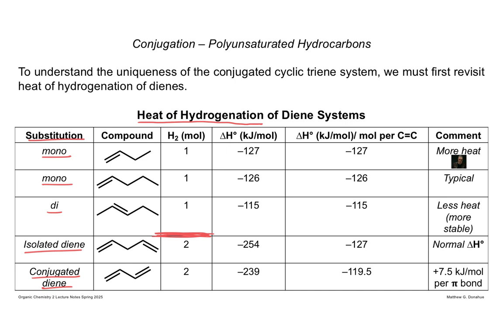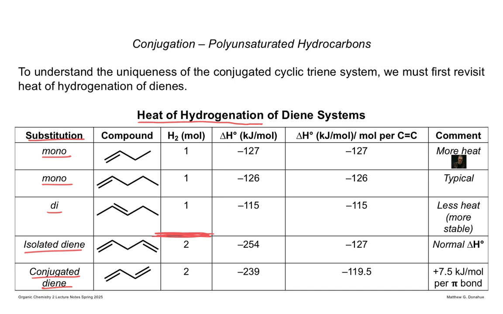So row 1, your average monosubstituted alkene will give off negative 127 kilojoules per mole when it's hydrogenated. You can see that row 2 confirms that you have a similar substrate but just a longer carbon chain.